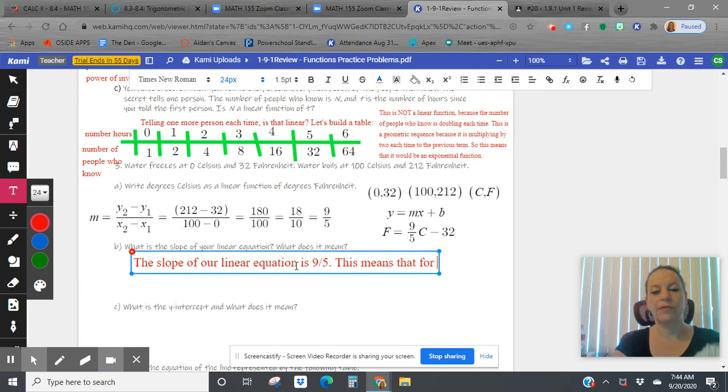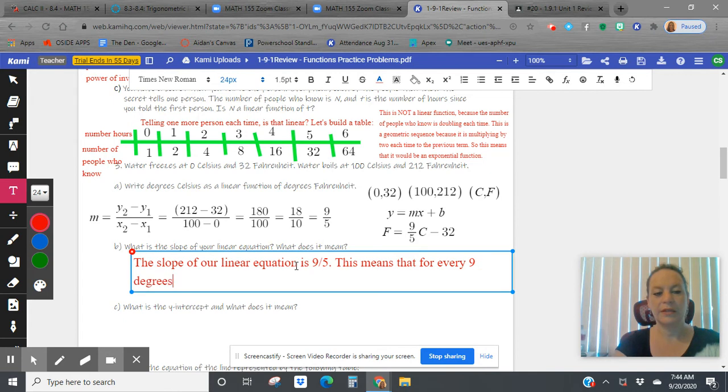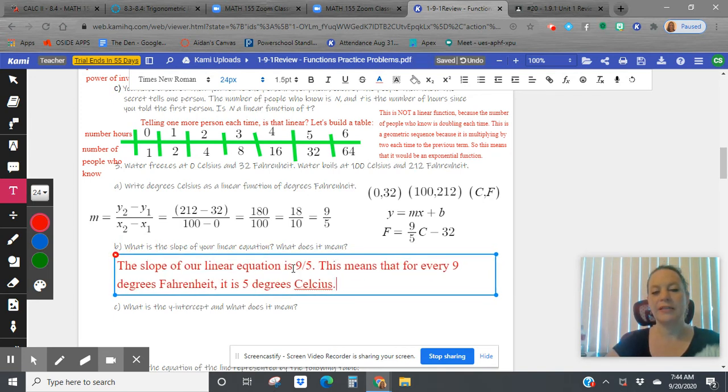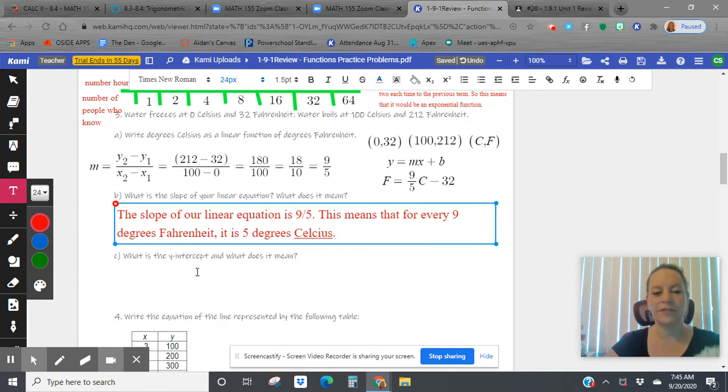This means that for every 9 degrees Fahrenheit, it is 5 degrees Celsius. Because 9, the numerator, stands for our Fahrenheit, our change in y, and the denominator stands for our Celsius.